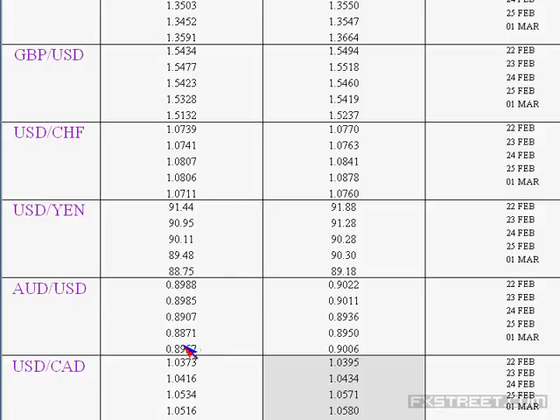Only Australia, from 3.75 to 4 is the expected rise in the case of interest rate. So as such it is holding high, 0.8957 is the low. So it is also holding around 0.89 area and then the high is 0.90.